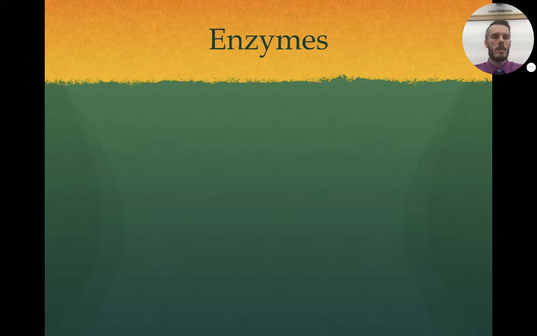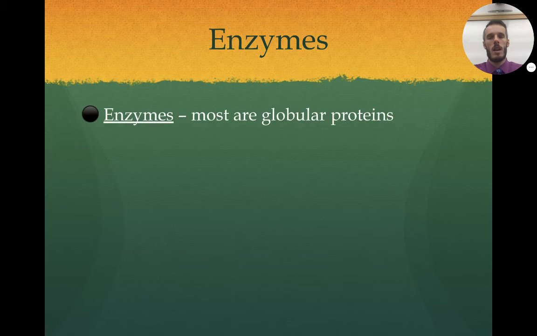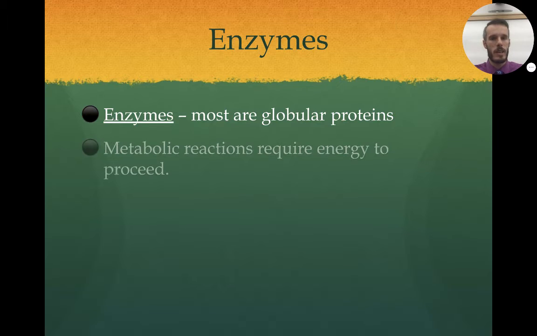All right, and that brings us to enzymes. Enzymes are globular proteins, and globular just means that their shape is kind of rounded. All those amino acids come together to form a round looking glob of protein.